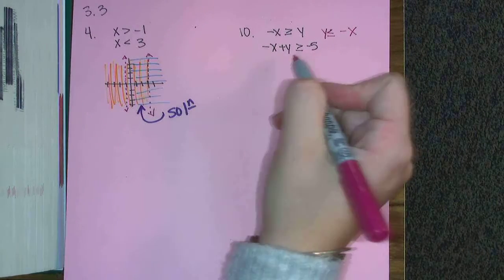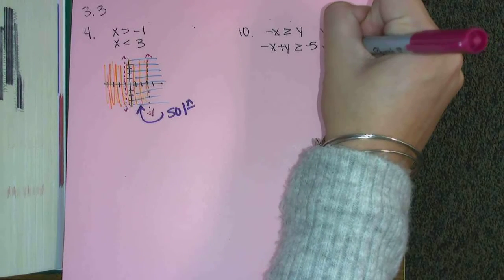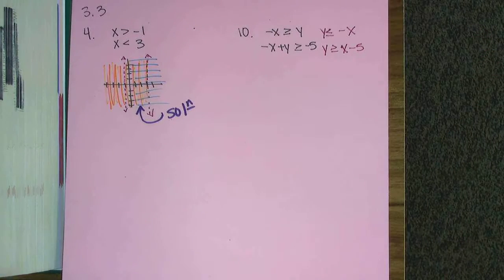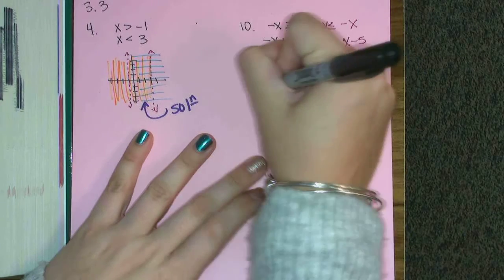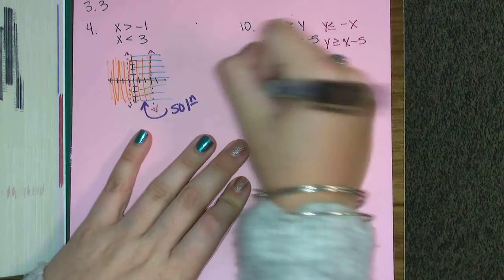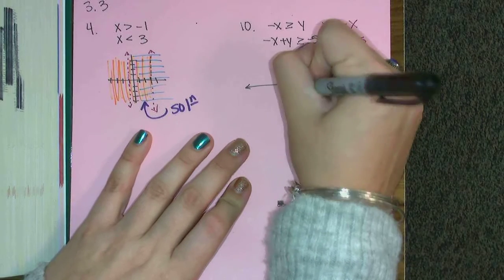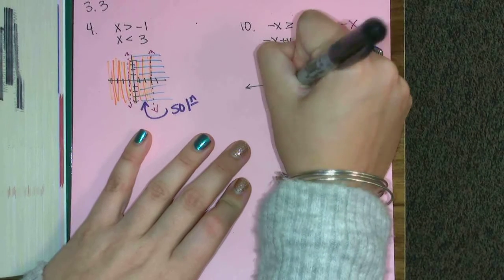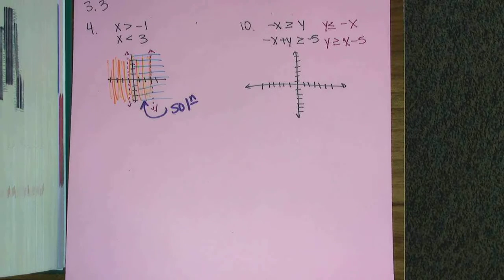And what do I need to do with the bottom one? Add x, so y is greater than or equal to x minus 5. So now I need to graph these two. Are these going to be solid or dotted? Both solid. Okay, and so what does my top graph look like?